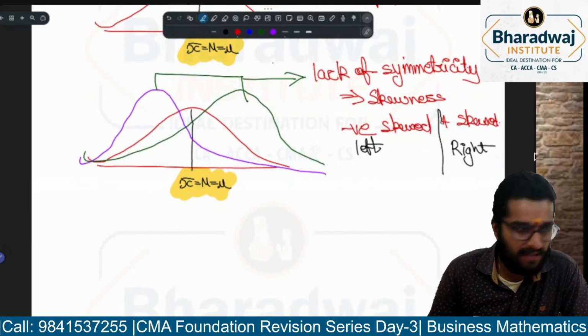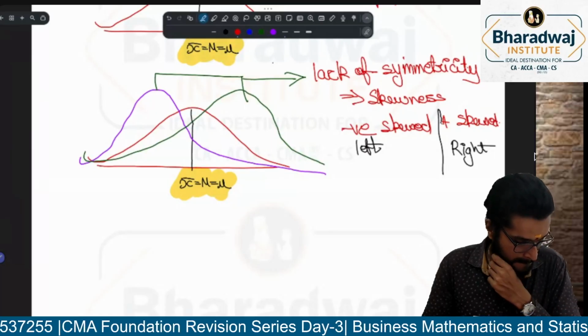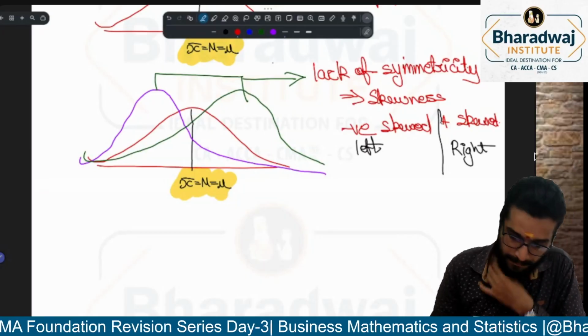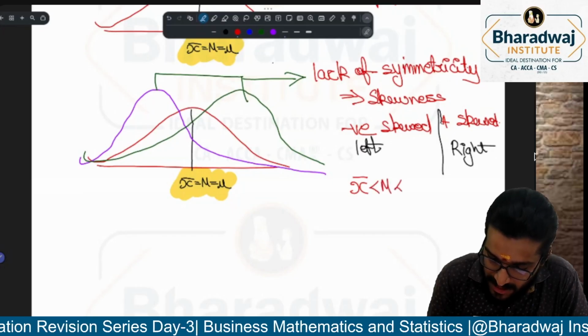So in a negatively skewed data, mean will be lesser than median, will be lesser than mode.